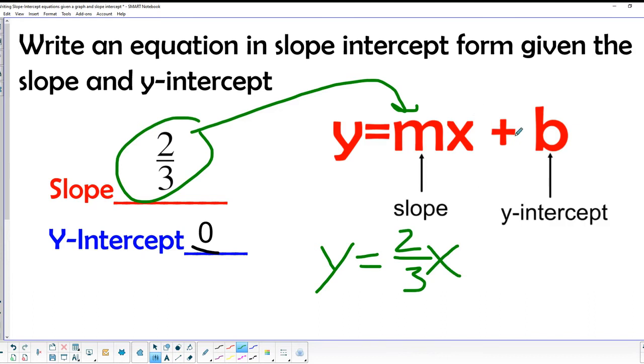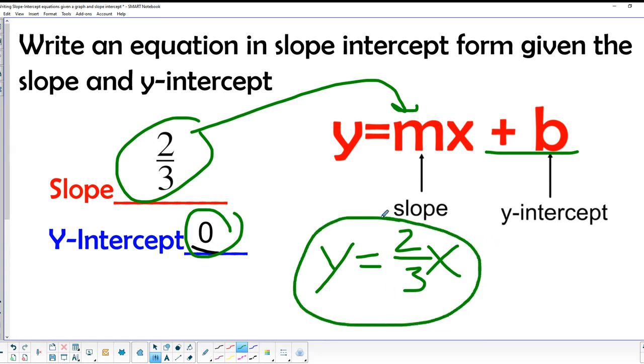And then because there's no y-intercept, we have a 0 here. That's what the equation is going to look like. If there was something other than 0, we would have plus or minus whatever that number happened to be. But since we don't, we just end up with y equals 2/3 x.